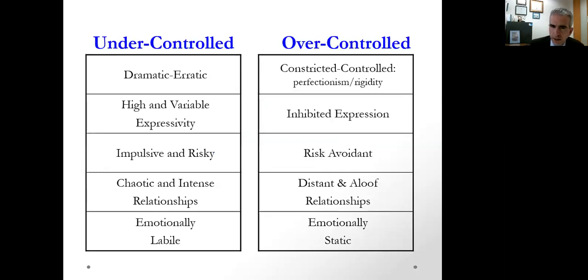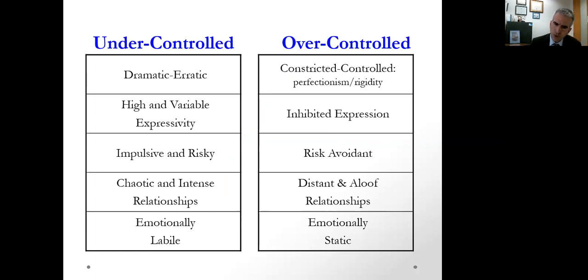So to think about that further, in terms of patients and their presentations, you can think about those that are under-controlled versus over-controlled. On the under-control side, there are more presentations that are dramatic and erratic, with high and variable expressivity of emotions, a greater tendency towards impulsivity and risk-taking behaviors, and more chaotic and intense relationships, emotionally labile.